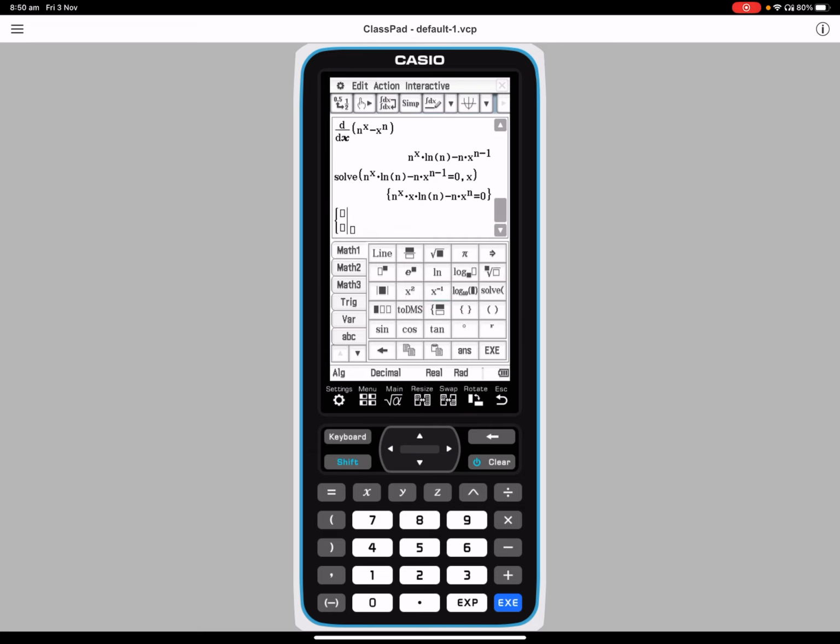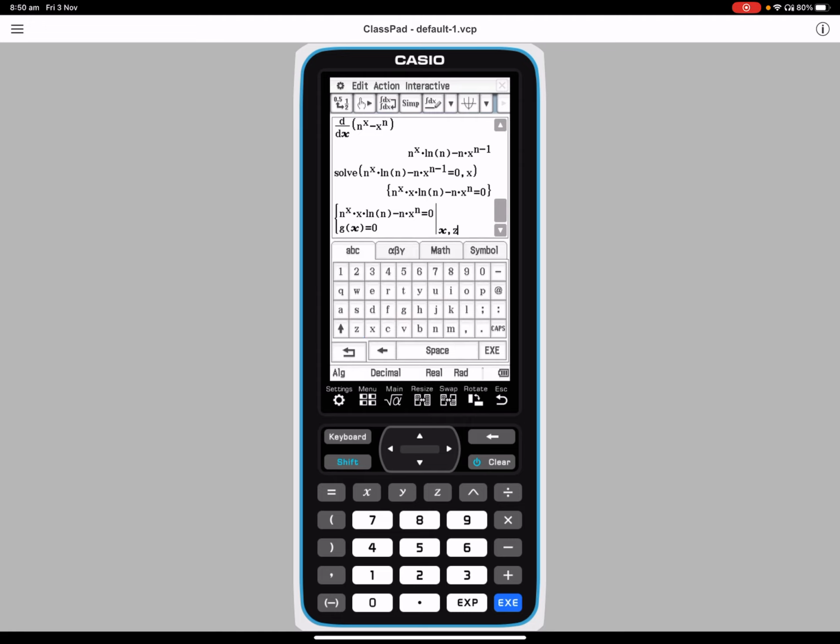What have we got? We've got that equation, and we've got g of x equals 0. So the turning point equals 0, and the original function equals 0, and we want to solve for x and n.